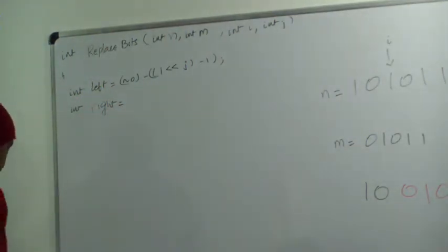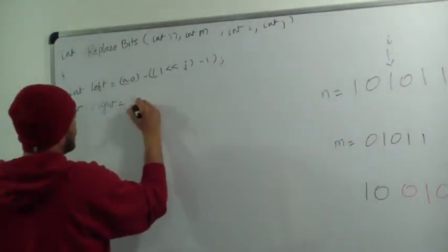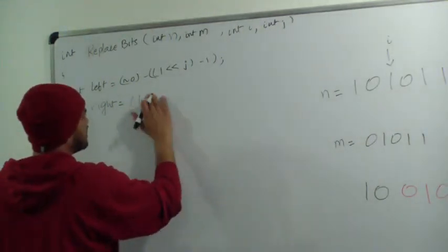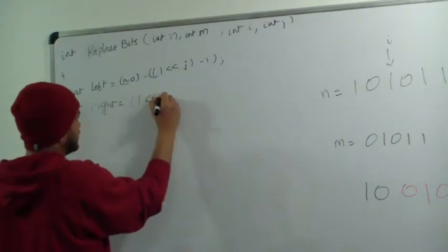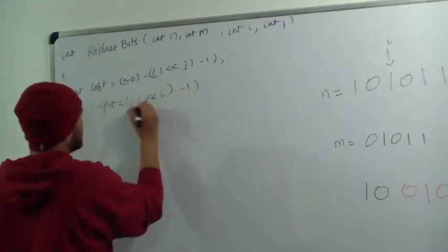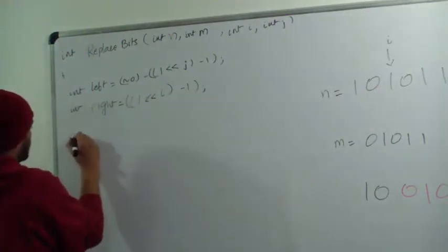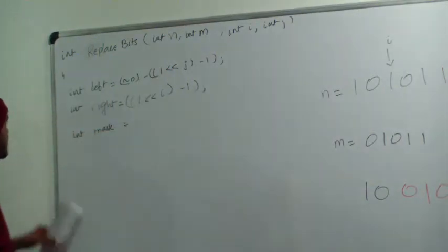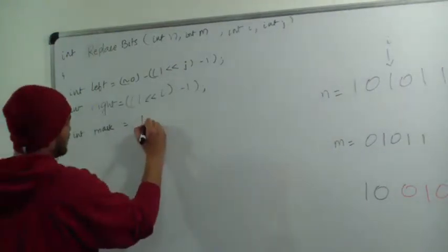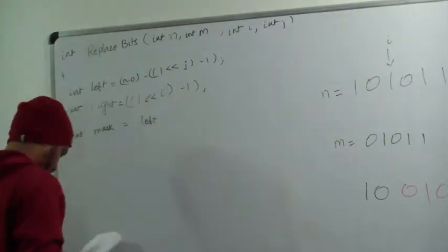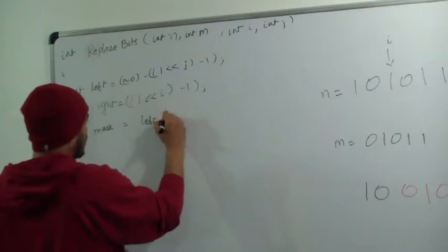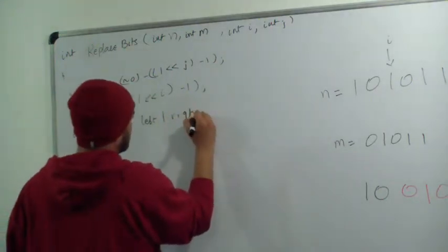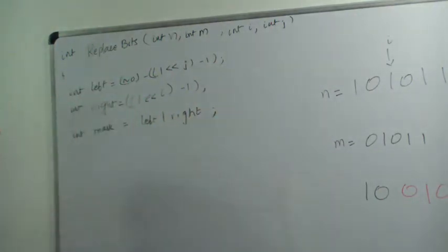So your right mask will look something like 1 minus 1, left shift I times 1 is 1. Now this is the tricky part, left or right, because you want both the masks to remain intact.